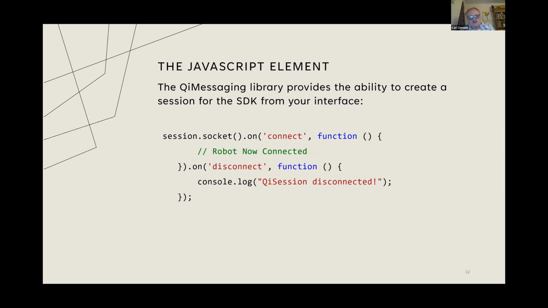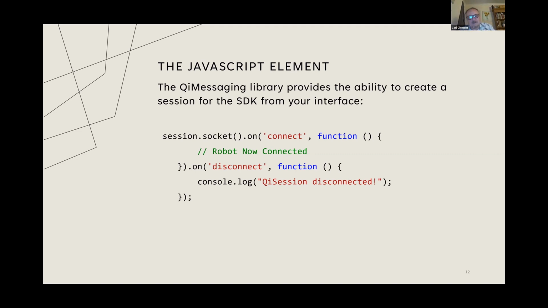All you need to do is create a session connection to the robot. And the piece of code that you can see there actually does it. That will create a session variable that we can use to create links to the SDK modules.